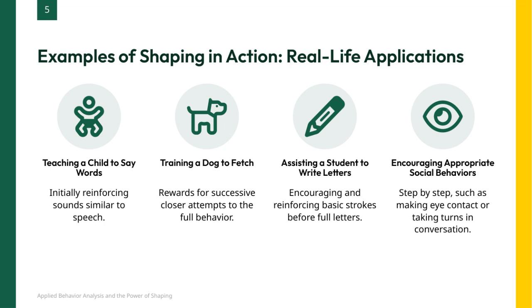In helping a student learn to write letters, we begin by encouraging basic strokes, rewarding each small step before moving on to complete letters. Lastly, shaping is used to promote appropriate social behaviors by reinforcing steps such as making eye contact and taking turns during a conversation. Each example highlights how breaking down complex behaviors into manageable steps can lead to successful learning.